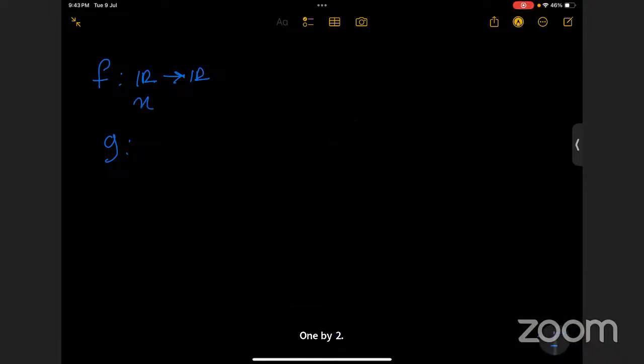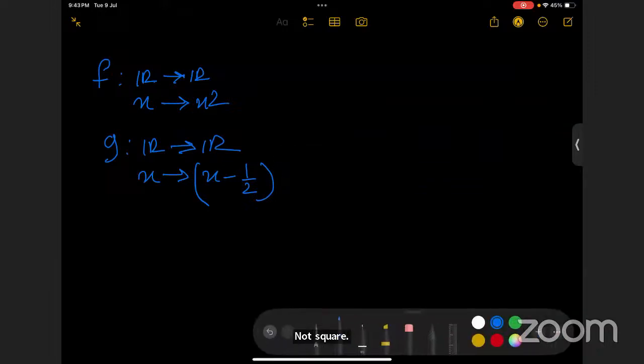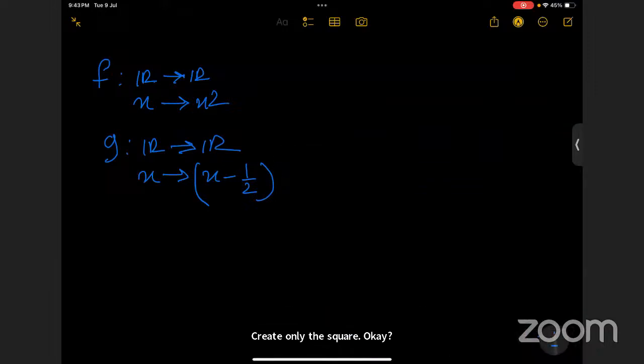We take g from R to R, x goes to x minus half. Not square, so you don't need the square. Okay, so what do you want to know?